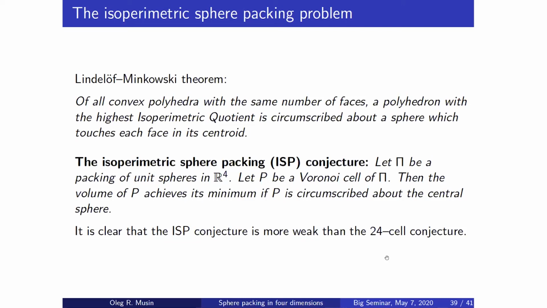I mean, one of the crucial things is that it is circumscribed, not any polytope. The proof is not so complicated, but Lindelöf first mentioned it, and Minkowski also proved some existence. Lindelöf missed this step about existence, but Minkowski actually completes his proof.